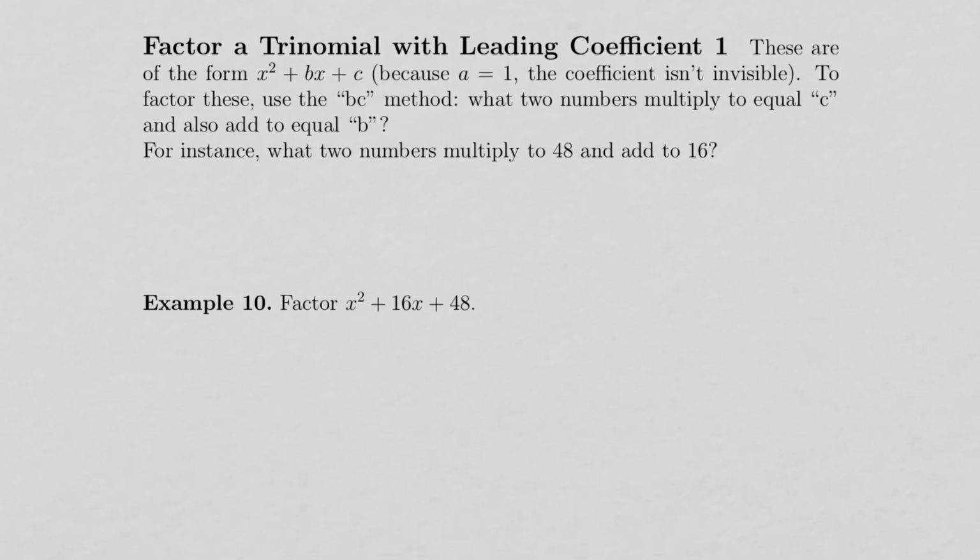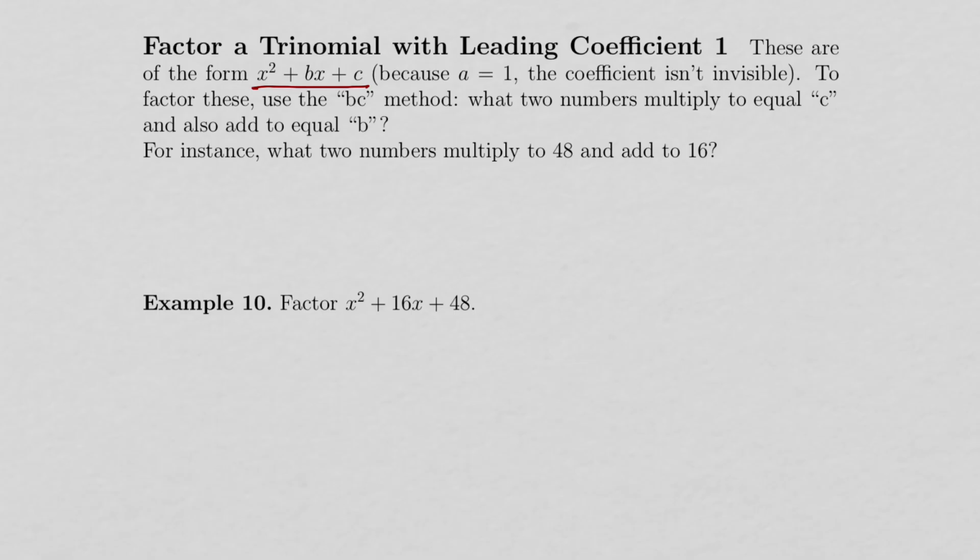Okay, so now let's look at some trinomial expressions. Basically, these are polynomials that have 3 terms, and we're going to focus on this case right here, where the leading coefficient, in other words, the coefficient of the x squared term is a 1.